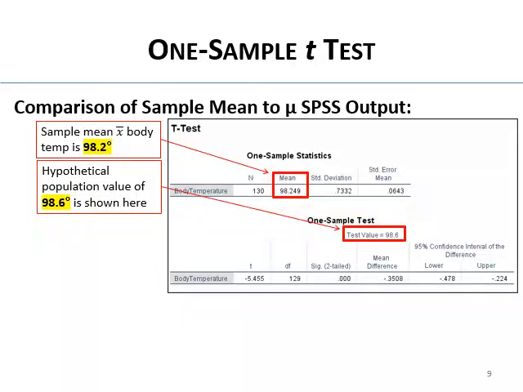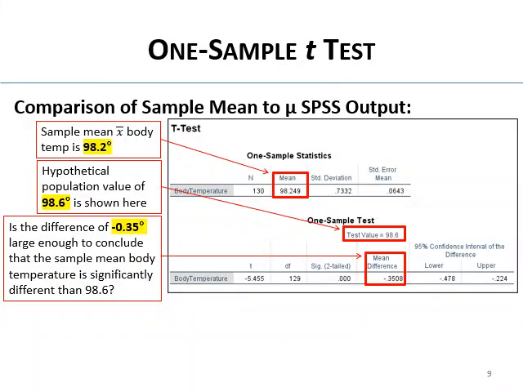It shows you up top what value you're comparing to as the hypothetical population value, 98.6 degrees. You get something called the mean difference in there. That's how much the sample mean differed from the population mean. So it's literally sample mean 98.249 minus 98.6. You get negative 0.3508. That is, they're about 0.35 degrees lower body temperature on average compared to what was expected.